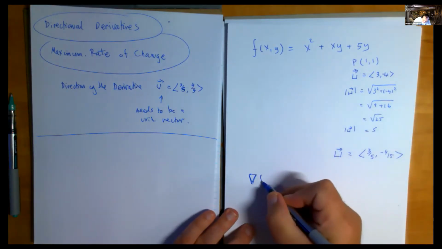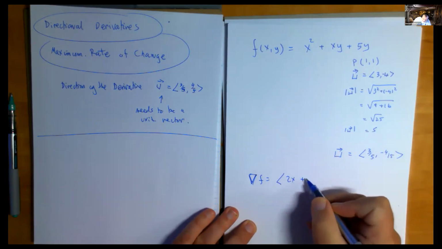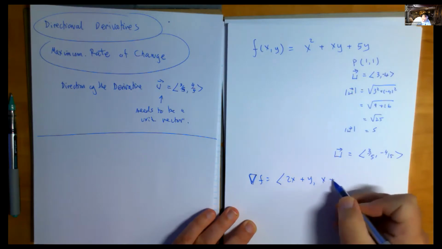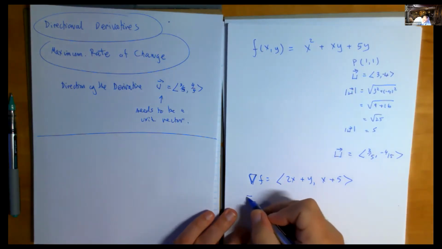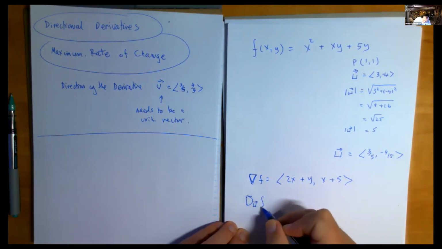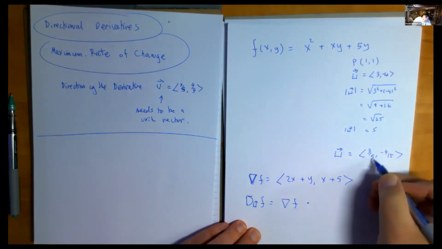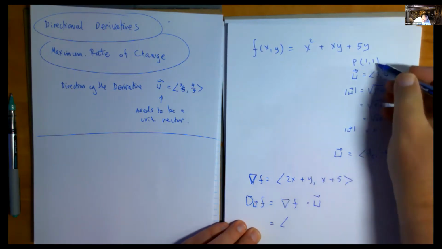Okay, so our gradient vector is what it always was, (2x plus y, x plus 5). We want the directional derivative, so it's going to be the gradient dot product with the unit vector. I'm going to do it at the point (1, 1).